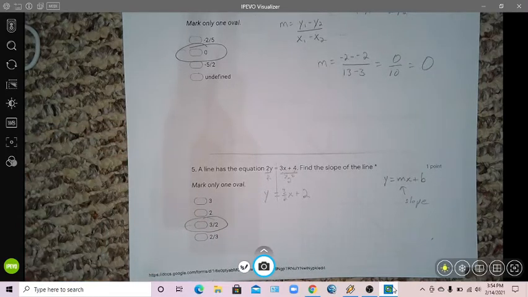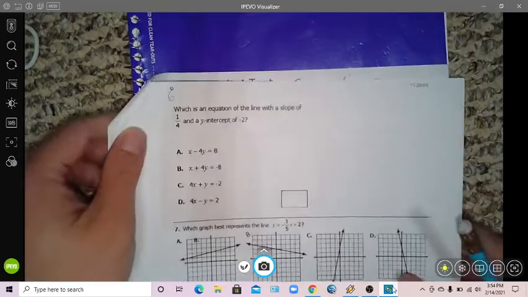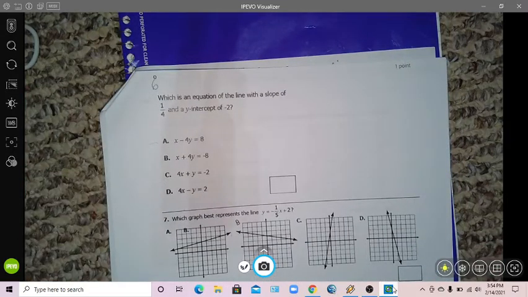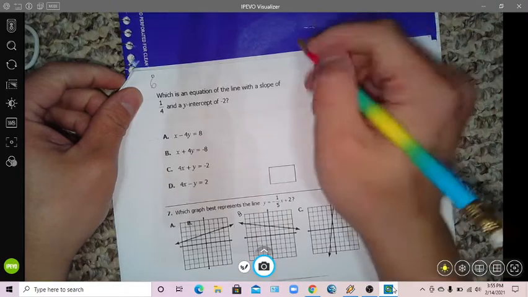You've got to get the y by itself, put it in slope-intercept form, and then you can clearly see the slope. Alright, let's take a look at number 6. Which is an equation of the line with a slope of 1/4 and a y-intercept of negative 2. So again, I need y equals mx plus b.